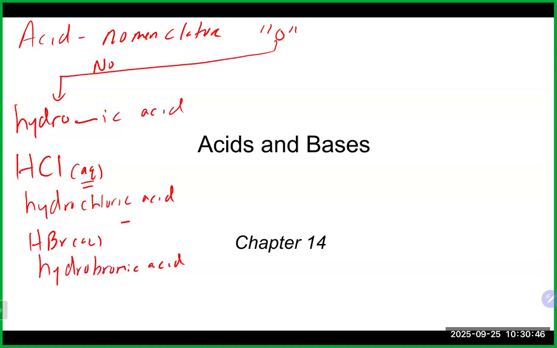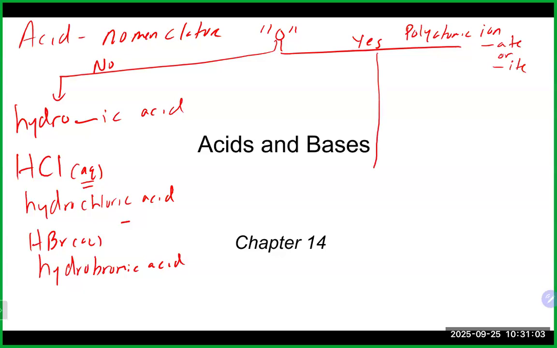Now, if it does contain oxygen, it usually will contain a polyatomic ion. And as you may remember, polyatomic ions usually end in ate or ite. If it does contain oxygen and your polyatomic ion ends in ate, your acid would be something-ic acid, like HNO3.